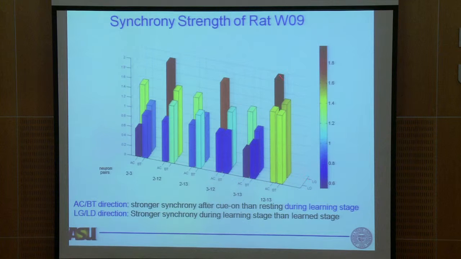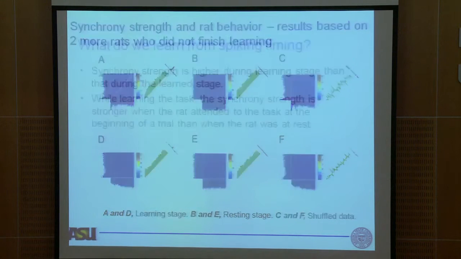During learning, initially, he's paying more attention. The spikes are more aligned than in the later phase. And during learning, the alignment is stronger than after learning. So this is a summary of one rat, and we see this in many rats.